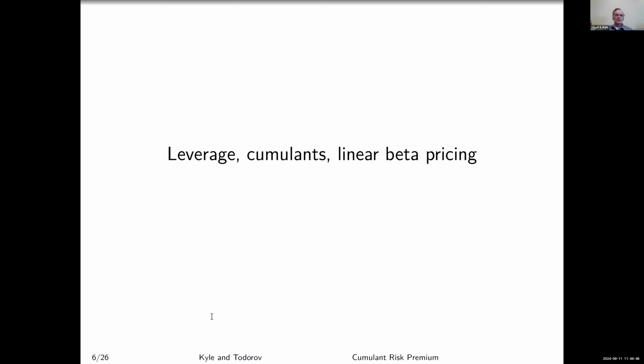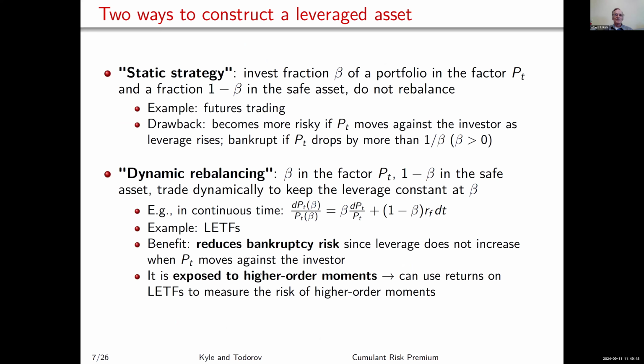Okay, so let me go on and talk about leverage cumulants and what we call linear beta pricing. If you think about how to implement a leverage strategy, one way to do it is what we call a static strategy. You want to be 3-to-1 levered. You invest $33.33 of your own money for every $100 of the asset you want.